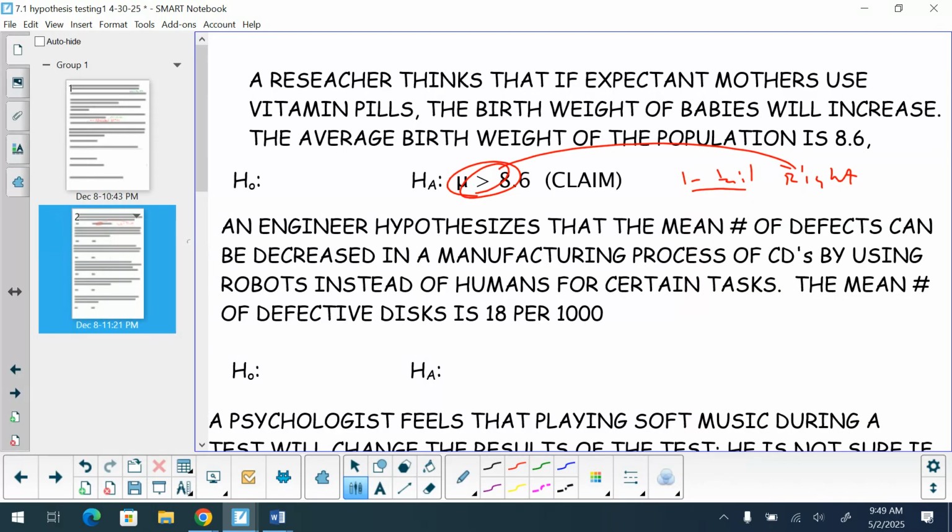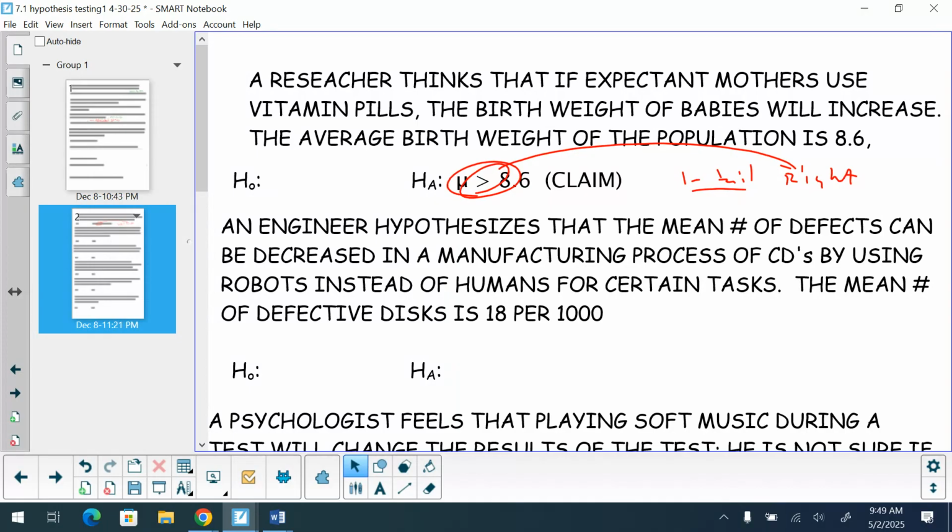Go ahead and go through the rest of your problems. Say if they're one tail or two tail. Write down one tail or two tail. If it's one tail, is it one tail right or one tail left? You're looking at the notes from 2 days ago. We had all these scenarios that we threw at you.